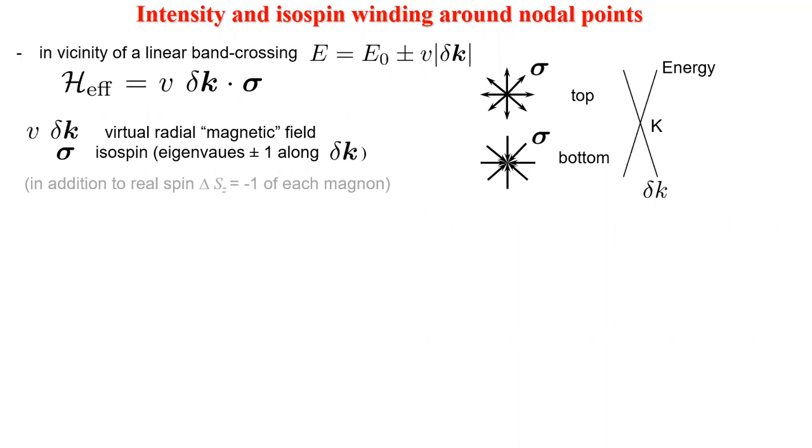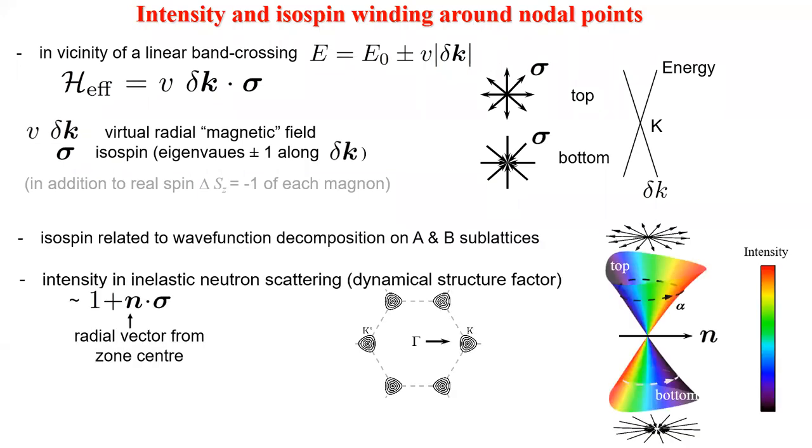So this isospin is a quantum number from the actual spin, where both magnons correspond to delta SZ along the quantization direction of minus 1. This is an isospin which really characterizes the wave function decomposition on the sublattice.